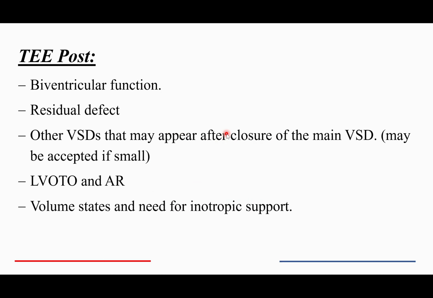TEE post: biventricular function, residual defect, other VSDs that may appear after closure of the main VSD. Because if there is a main VSD and a small VSD, blood prefers to pass through the big VSD, and the other VSD may not appear, or may be closed with no blood passing through, although the defect is present.